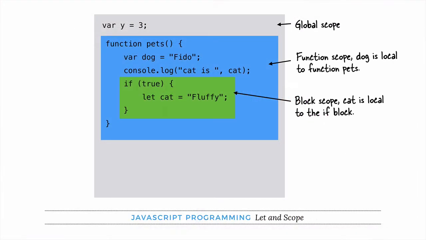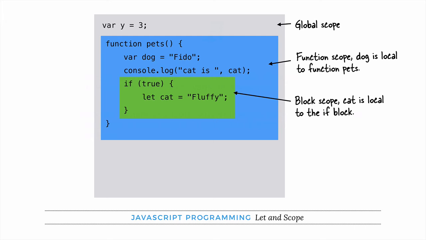So with var, as you've seen, if a variable is declared inside a block nested within a function, the scope of that variable is still the entire function, even though you might more intuitively think that the scope of the variable should be limited to the block. So that means if you use var to declare a variable inside a block, you can still access that variable after the block in which it's declared and defined has completed executing, as you saw.